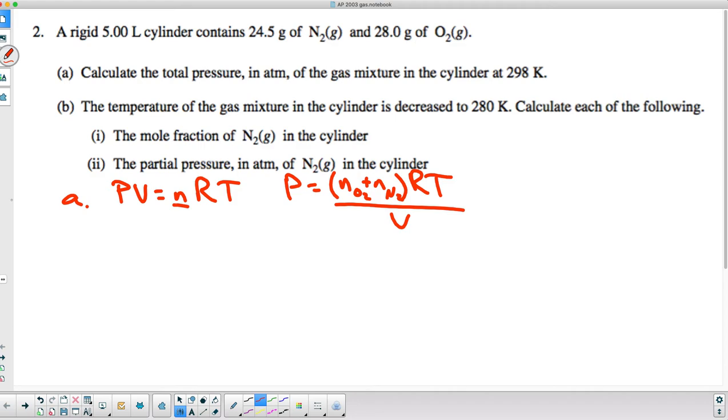So how do we find the number of moles of O2 and the number of moles of N2? Well, that's actually not too bad. That's something we've done a long time ago. I got 24.5 grams of nitrogen. I go over 1, and then nitrogen, and it's N2, which means that if it's 14 for just one N, it's 28 for two N's. So 1 mole of N2 is 28.0 grams.